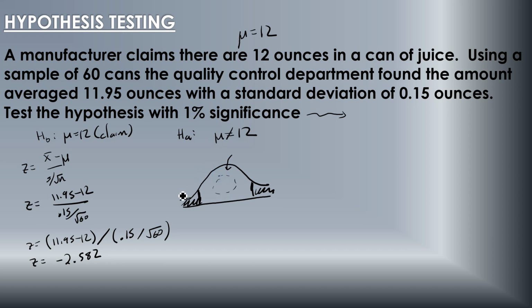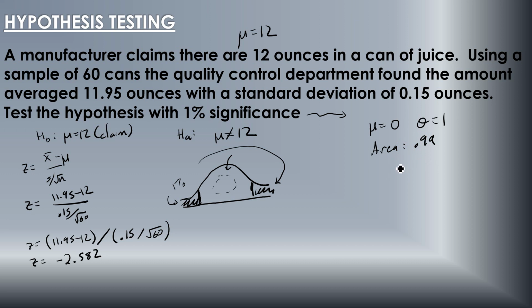We're saying 1% represents this area plus this area over here. That leaves 99%. So our mean when we put this in is going to be 0, standard deviation 1. Our area this time is not going to be 1%. It's going to be 99%.